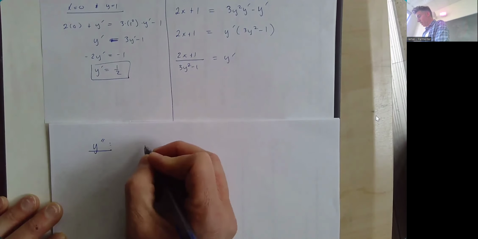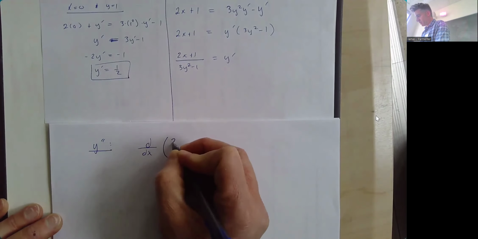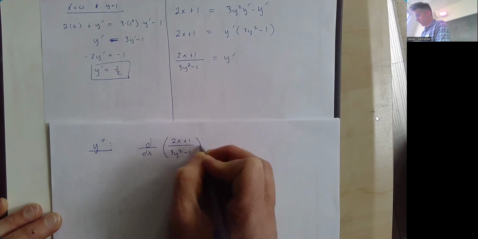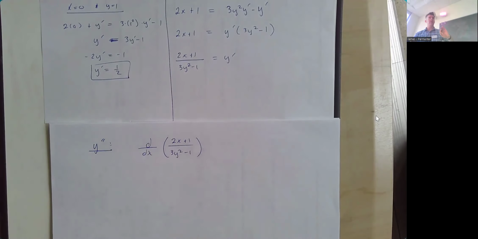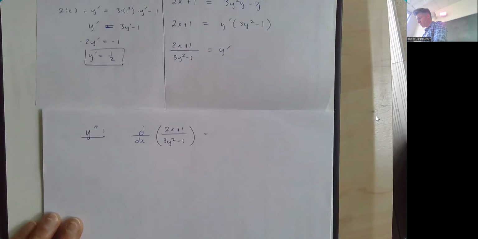We're taking the derivative of 2x plus 1 over 3y squared minus 1, remembering that y is still a function of x.